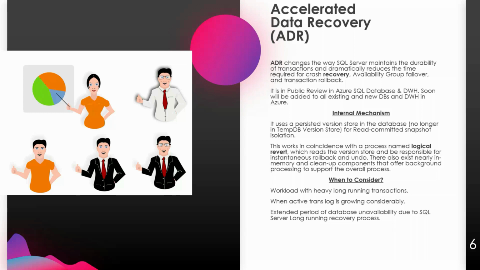This works in coincidence with a process named logical revert, which reads the version store and is responsible for instantaneous rollback and undo. There also exist in-memory and cleanup components that offer background processing to support the overall process.